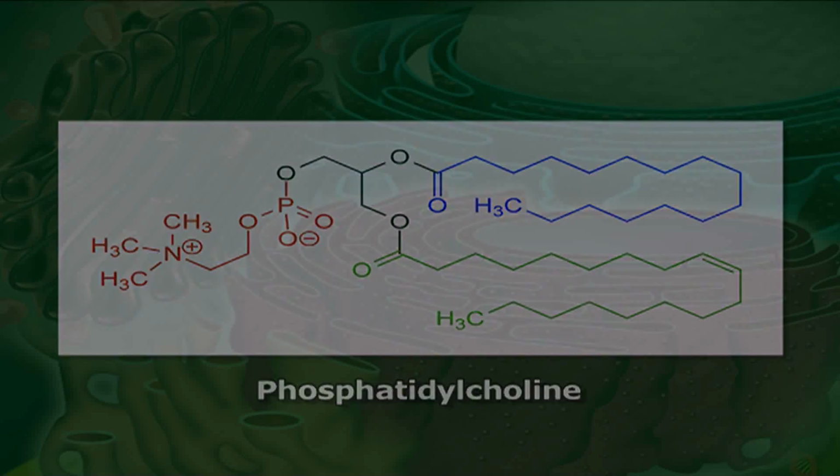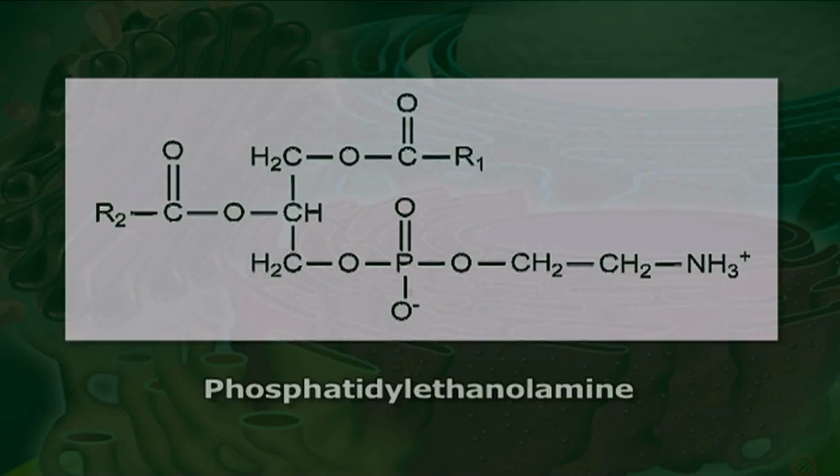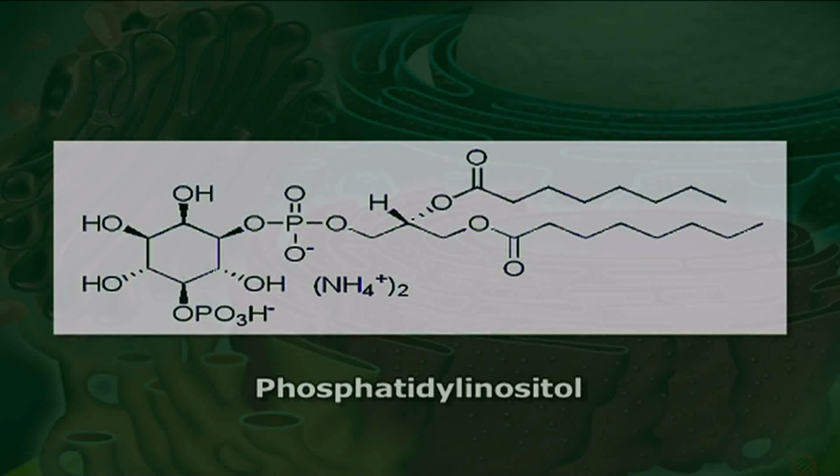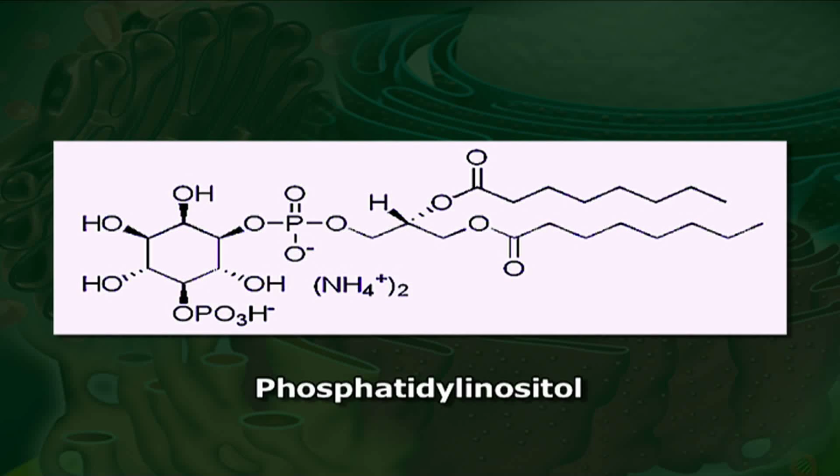Enzymes on the cytosolic phase of the ER membrane then either modify phosphatidic acid or directly catalyze the addition of different polar head groups, resulting in formation of phosphatidyl choline, phosphatidyl serine, phosphatidyl ethanolamine or phosphatidyl inositol.